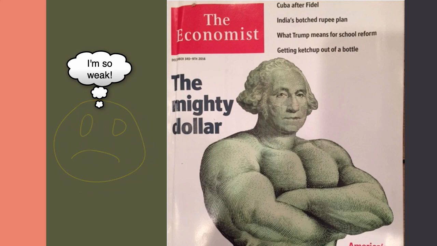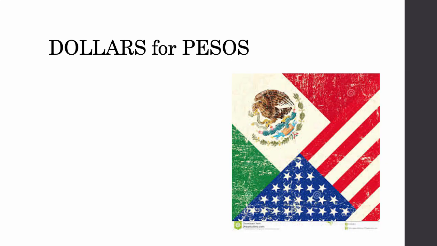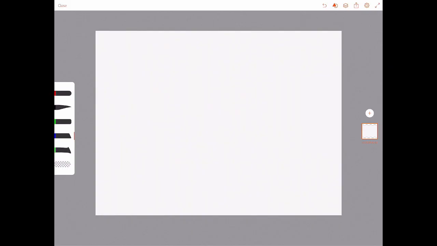That's what we mean by strong and weak. So let's take a look at the exchange rate between the dollar and the peso to see what we mean here. And then we're going to take that information and translate it over to see how that's going to affect trade. Currently, $1 can buy approximately 25 pesos.